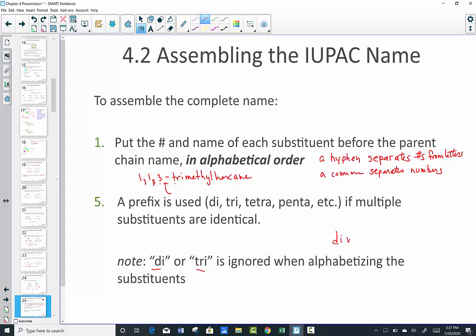So dimethyl, still with an M. Isobutyl goes by the I. There is no hyphen in there. Sec-butyl goes by the B because of the hyphen. It's not part of the same word. That takes practice.